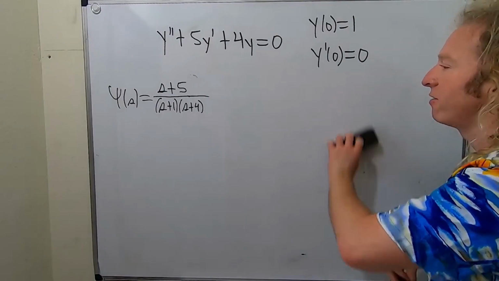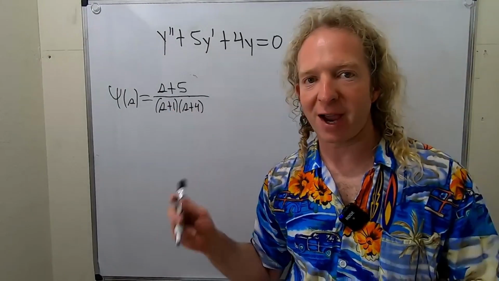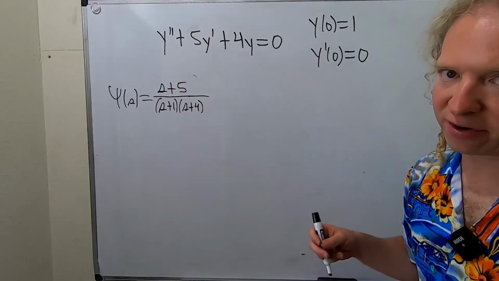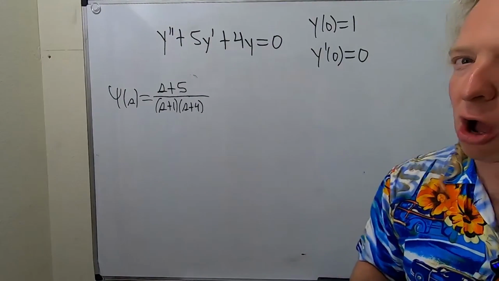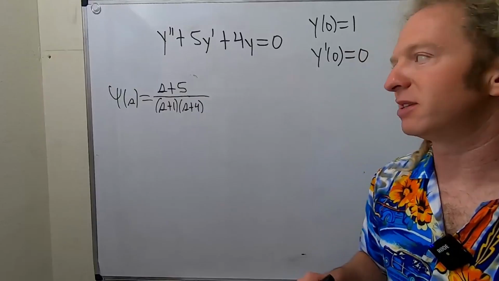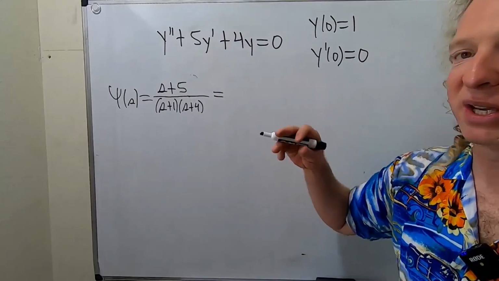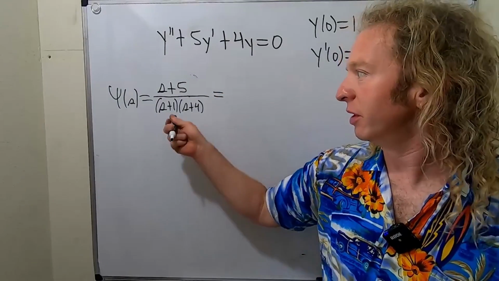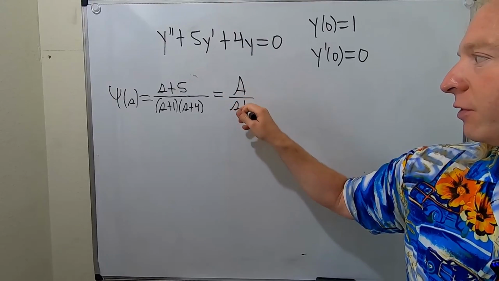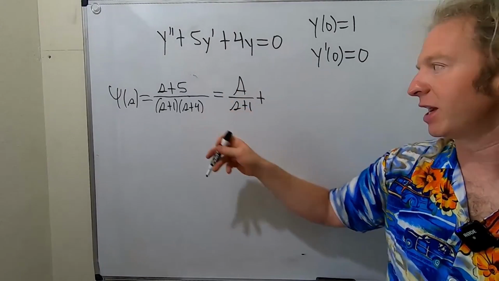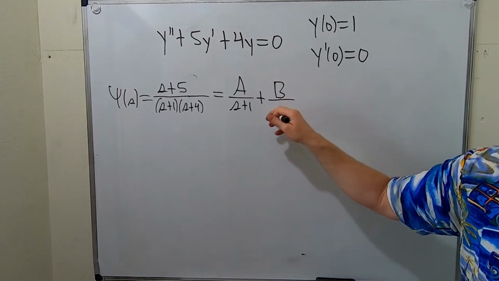Whenever you have distinct linear factors like this, you can use the cover-up method. It's also called the Heaviside cover-up method, and I believe it's named after Oliver Heaviside, who was a physicist. This guy was a big-time smart person. So this is A over (s + 1) because it's a linear factor, plus B over (s + 4) because it's a linear factor.